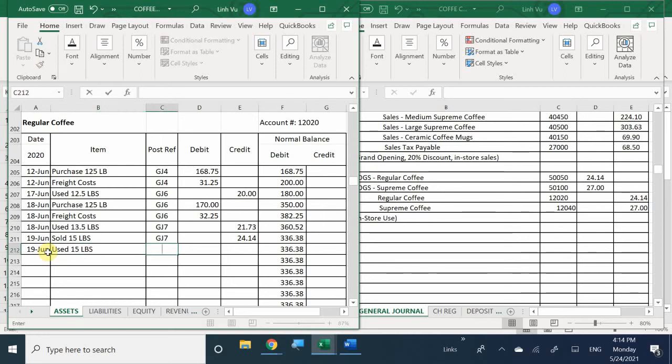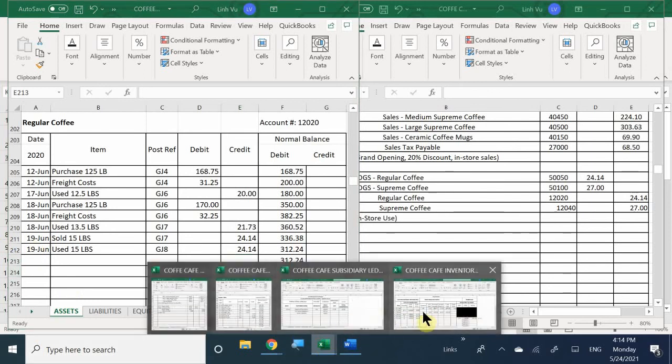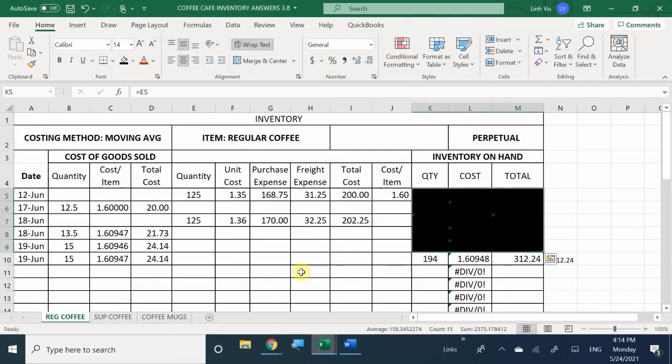Running balance of $312.24, which once again is exactly what we solved in our inventory worksheet.